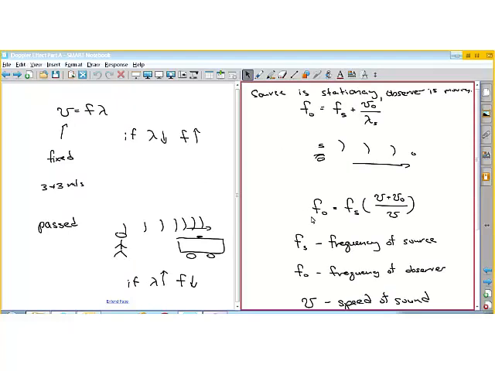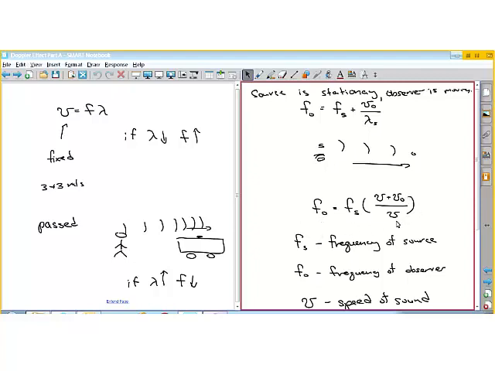So if the source is stationary, then the frequency is equal to the frequency of the stationary source and the velocity of the observer divided by the wavelength of the stationary signal.